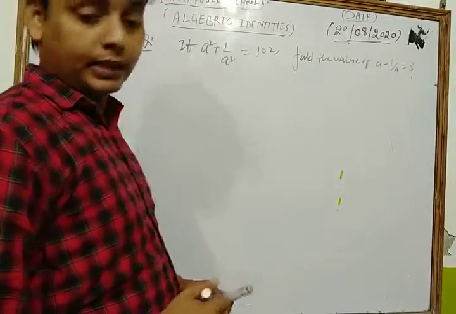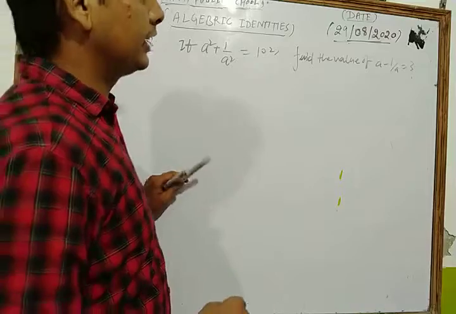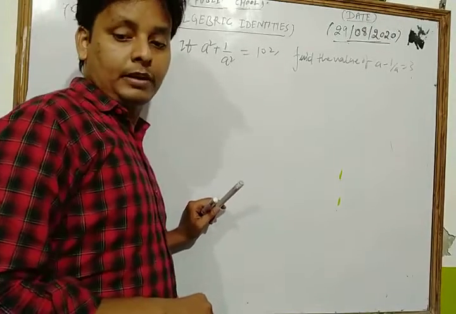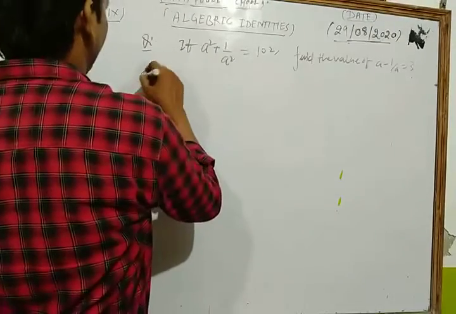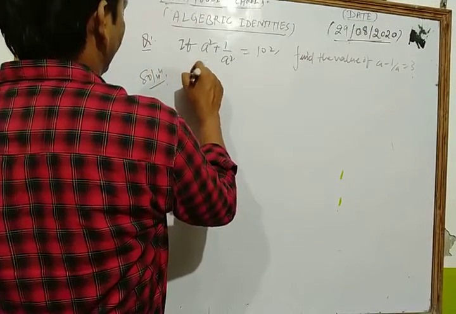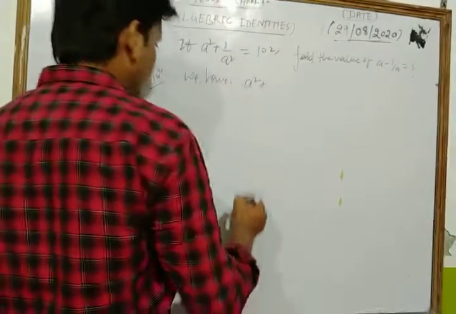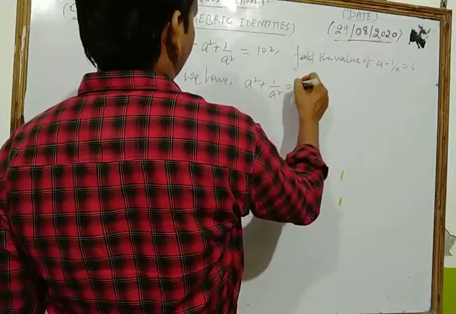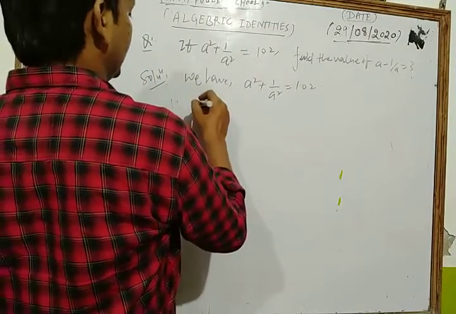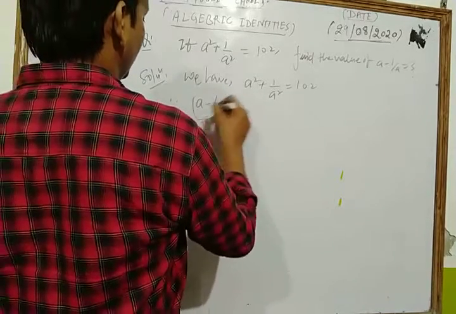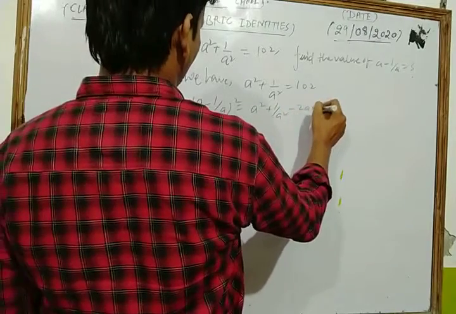Now look at this, what I do. Dear student, in that type of question we find the value of a minus 1 upon a, so here we apply the formula of a minus 1 upon a whole square. Now let's solve it. We know that a minus 1 upon a whole square is a square plus b square minus 2 into a into b.